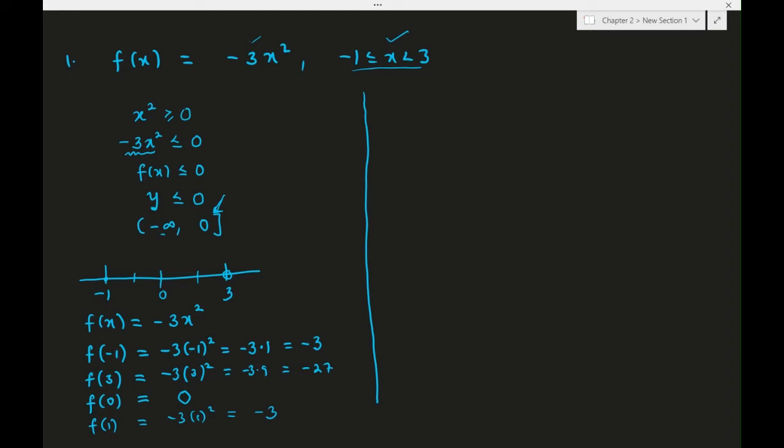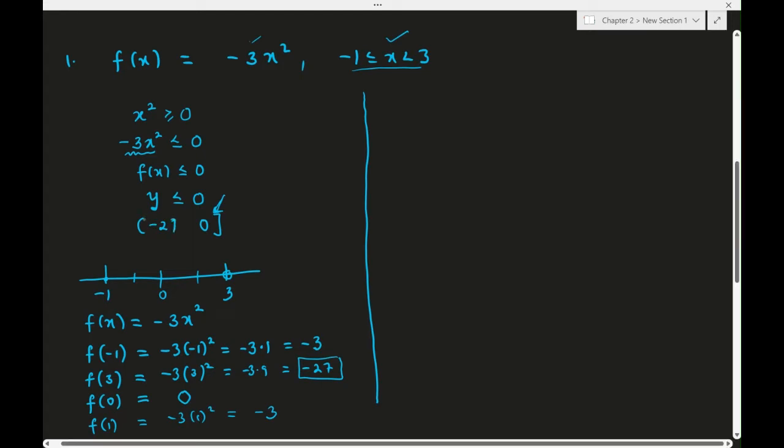So now, if you look at all of these numbers, f of minus 1 and the others, which one is the smallest? The smallest number here is minus 27. So now we can remove this minus infinity. We cannot get up to minus infinity, and we put minus 27.